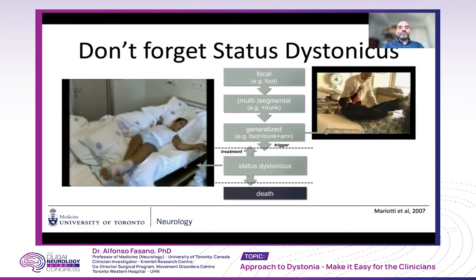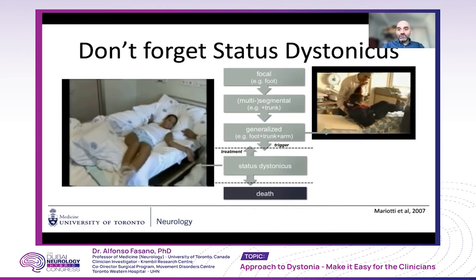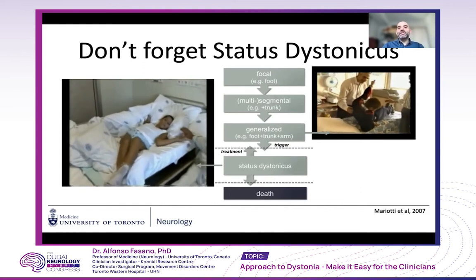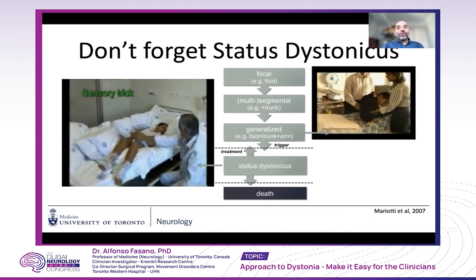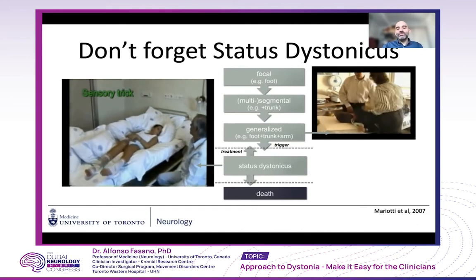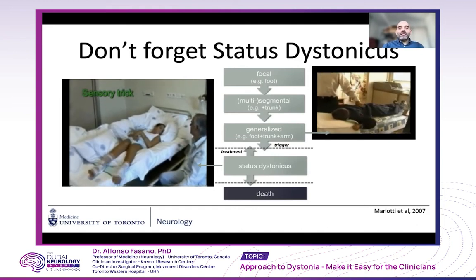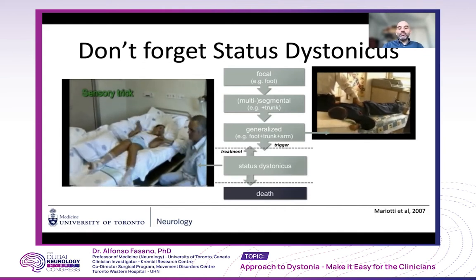But dystonia also in terms of body distribution can present in a part of the body, so as a focal dystonia that can become segmental and then generalized. Generalized in the past would require an involvement of the lower limbs. Now we say that generalized is anytime there's also trunk involvement. And then there's a further progression, which is this status dystonicus that I just mentioned.